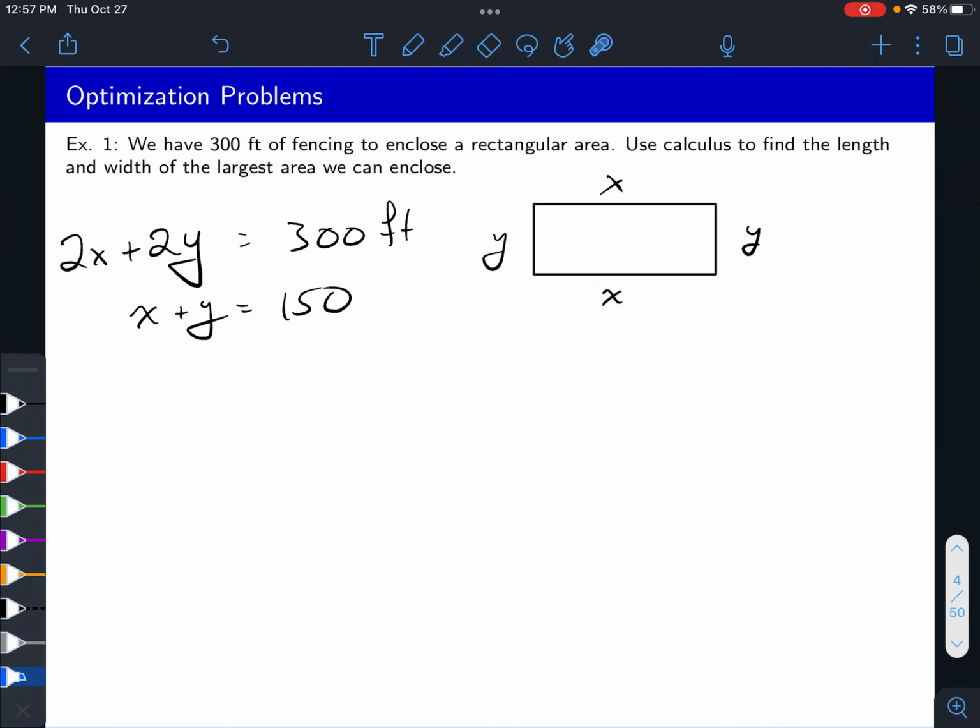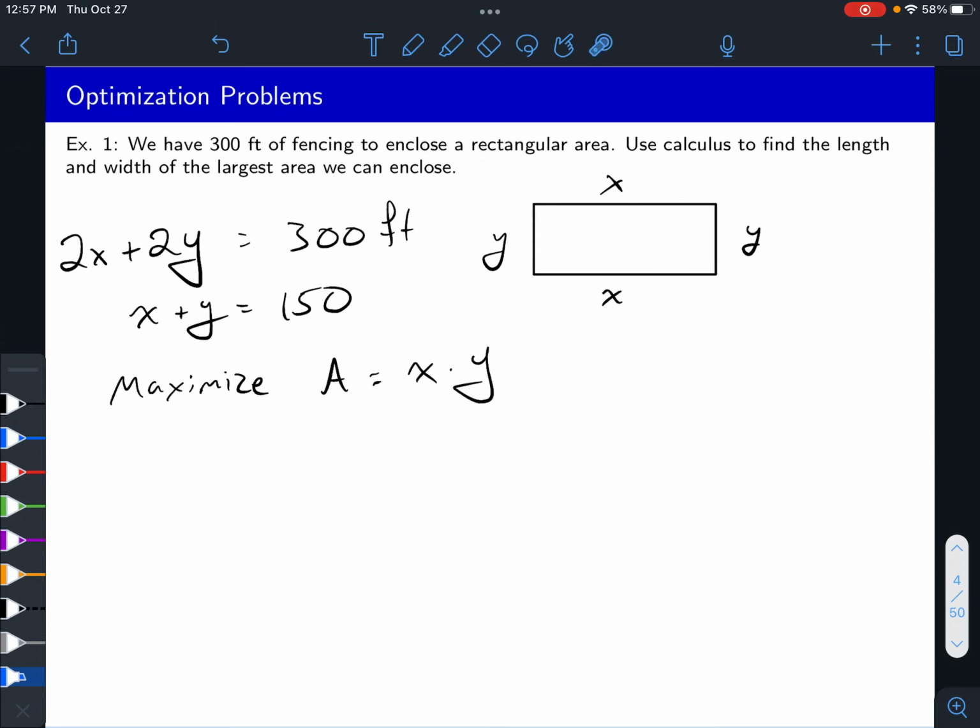And we are trying to enclose the most amount of area as we can. So we are trying to maximize a function, which I'll call, well, okay, I won't call it a function yet. We're just trying to maximize the area, which is not going to be yet a function of just a single variable.